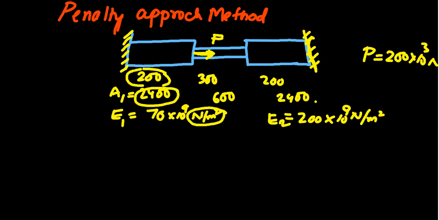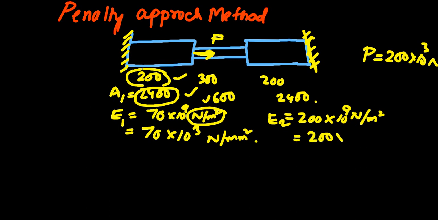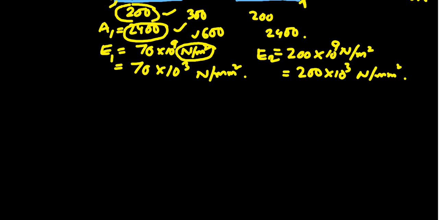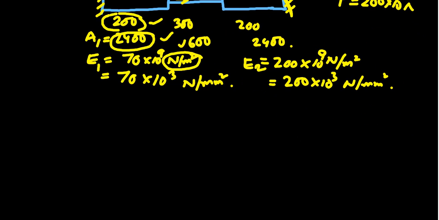So you have to convert it into Newton per millimeter square so that all the values will be in the standard format. Now it is 70 into 10 power of 3 Newton per millimeter square, and here also the same thing, 200 into 10 power of 3 Newton per millimeter square. So these are the basics we already learned earlier.